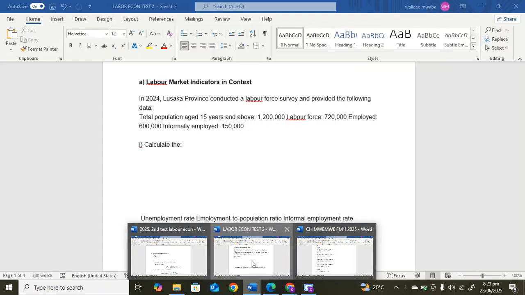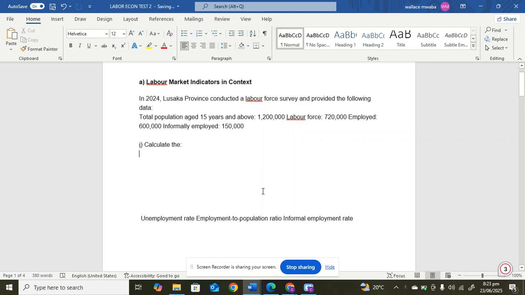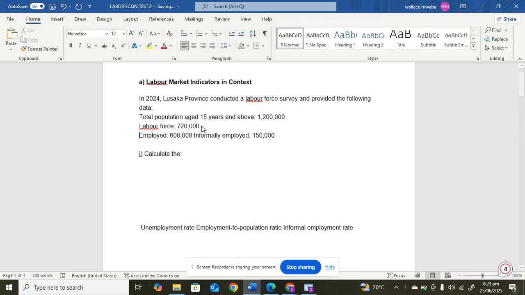Right, so we've got this question here. It says in 2024, Lusaka province conducted its labor force survey and provided the following data. Total population aged 15 years and above, 1.2 million. Labor force, 720,000. Employed, 600,000.